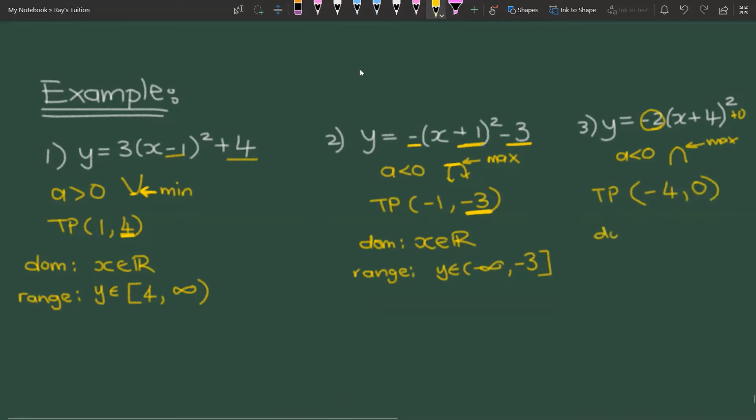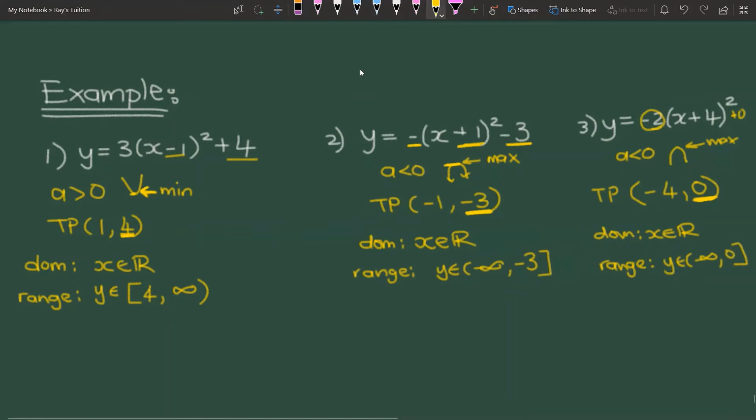Our domain, which you should get quite simply, is x is an element of real numbers, and our range would follow the form for a negative A. So y is an element from -infinity to the y coordinate of our turning point, which is 0, and it is included, so we have a square bracket.